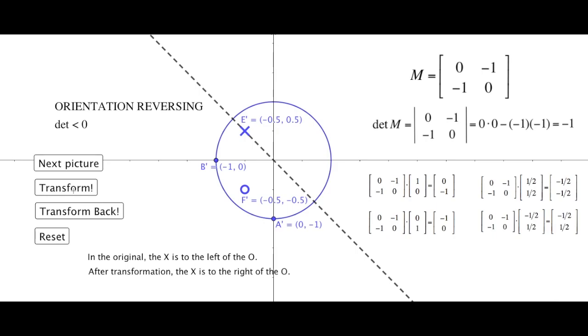You can kind of think about it like a set of gloves or hands. There's no way to rotate your left hand such that it looks exactly like your right hand. They are mirror images of each other. When the determinant is less than 0, the image is mirrored or reversed. If the determinant is positive, we call it orientation preserving.